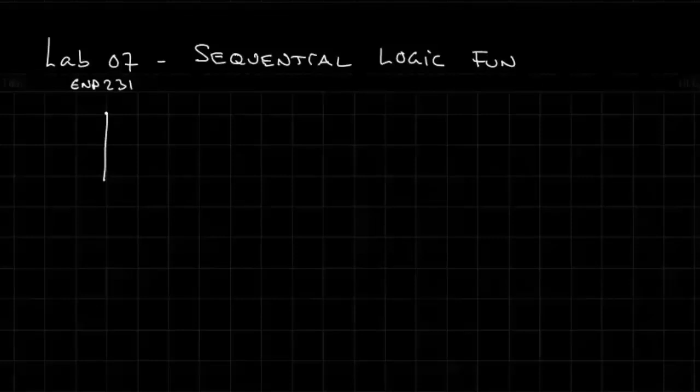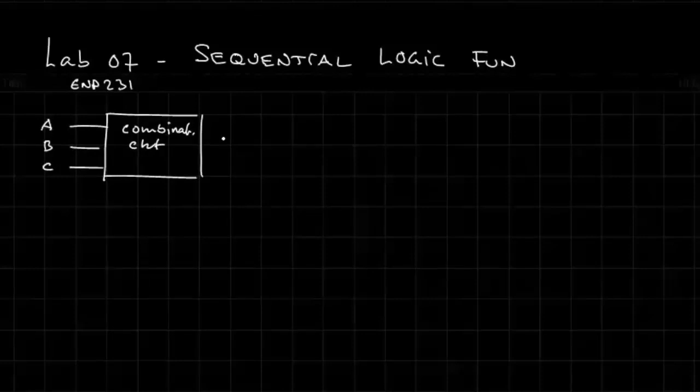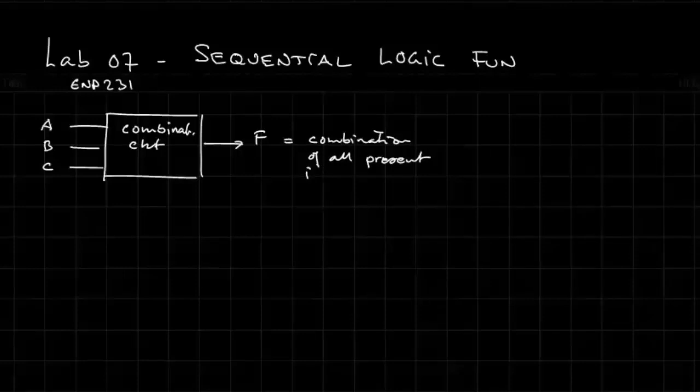So suppose we have a combinational logic circuit, and we have 3 inputs, A, B, and C. The output, F, is equal to a combination of all present inputs A, B, C. So the operating term here is present.